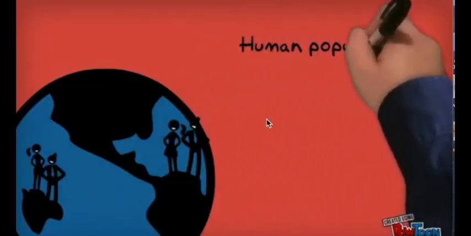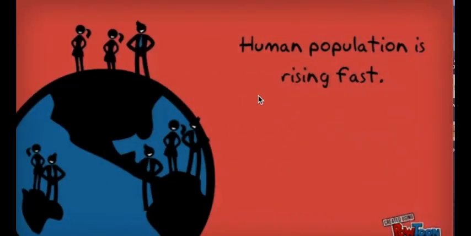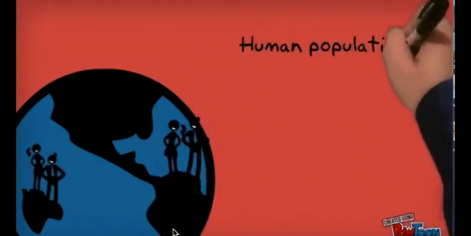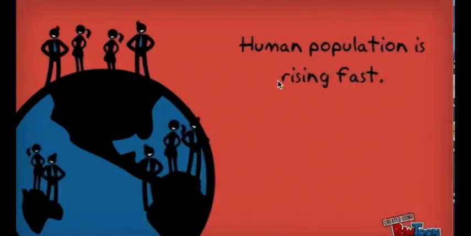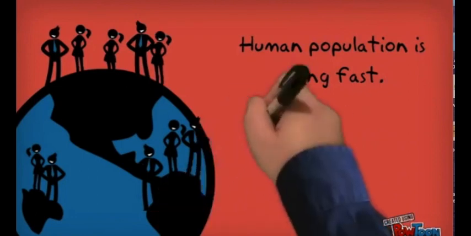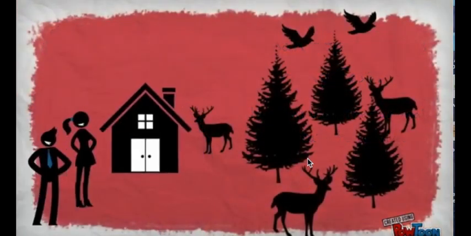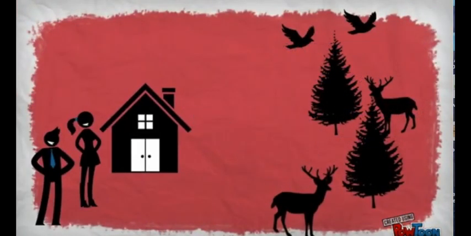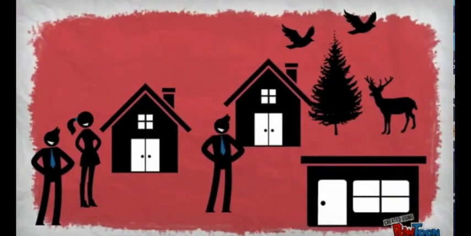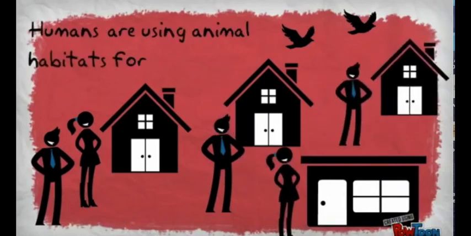So students, humans are destroying habitats of other animals because the human population is rising so fast, and humans use other animals' habitat to survive. So humans are using animal habitats for themselves.